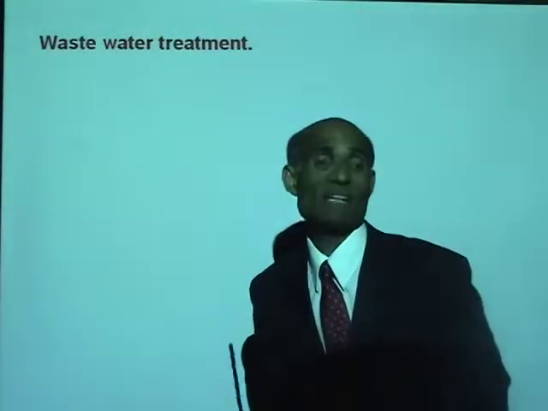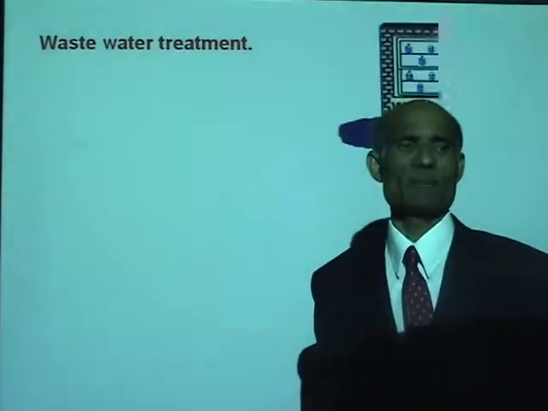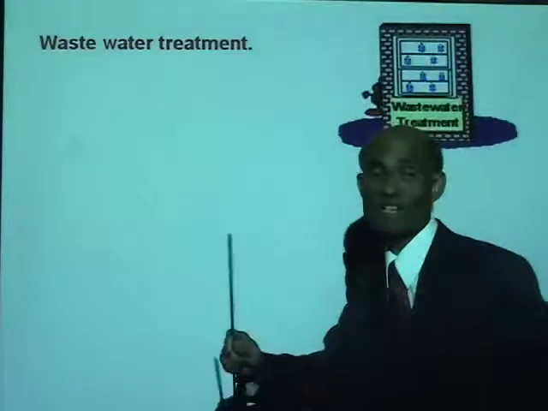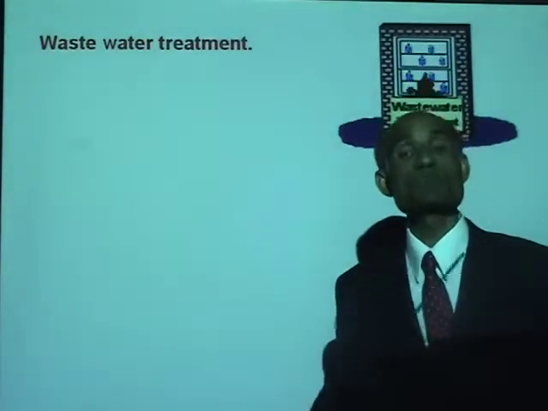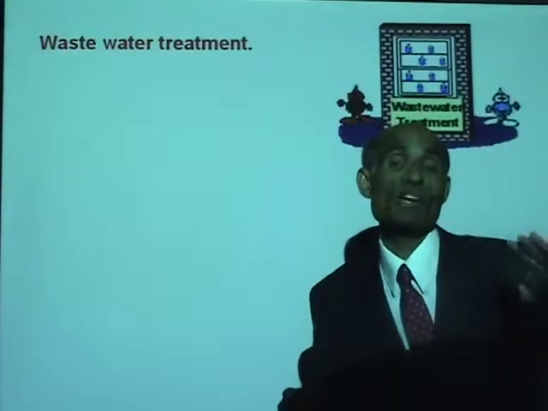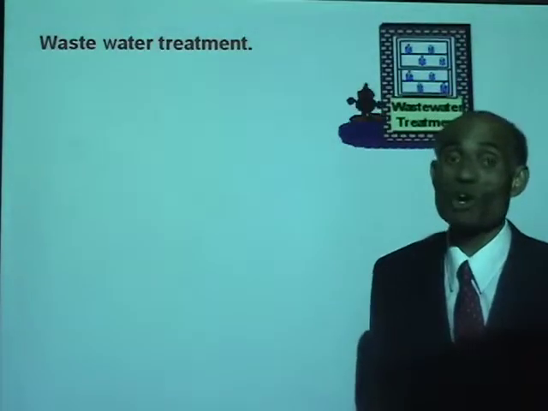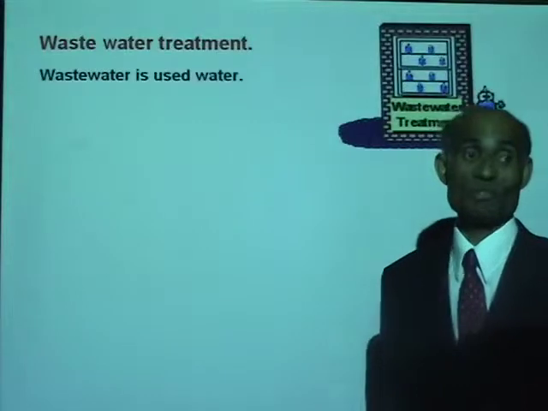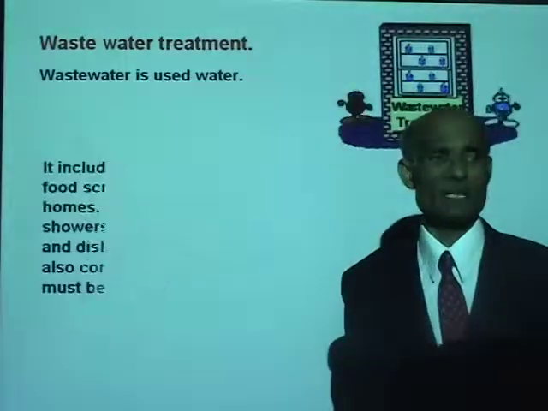Now, lastly, let's talk briefly about wastewater treatment. It is very important that the wastewater we throw away from our homes needs to be treated before it is dumped into local streams or lakes. It's very important. Now, wastewater is used water.